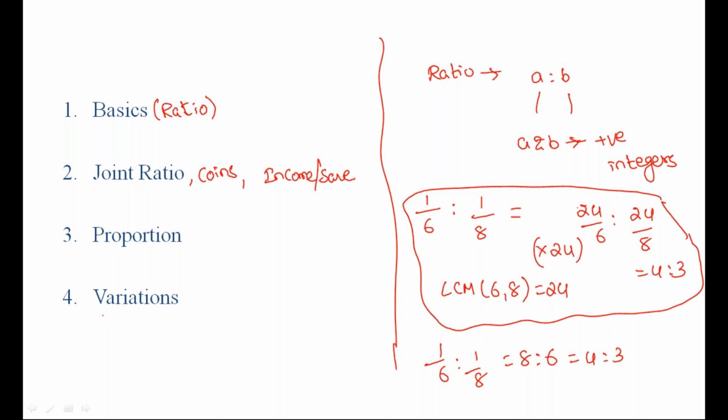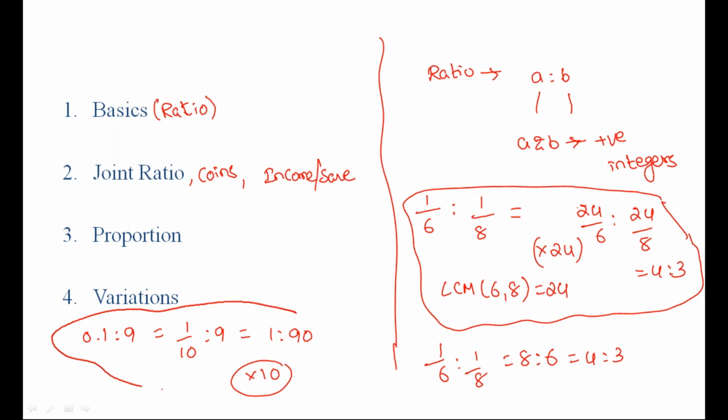You should see the numbers in the denominator and apply accordingly. Suppose you have 0.1 and 9. 0.1 should be written as 1/10. Now you can multiply by 10, and it becomes 1:90. We should always represent ratios as positive integers only. Keep that in mind.